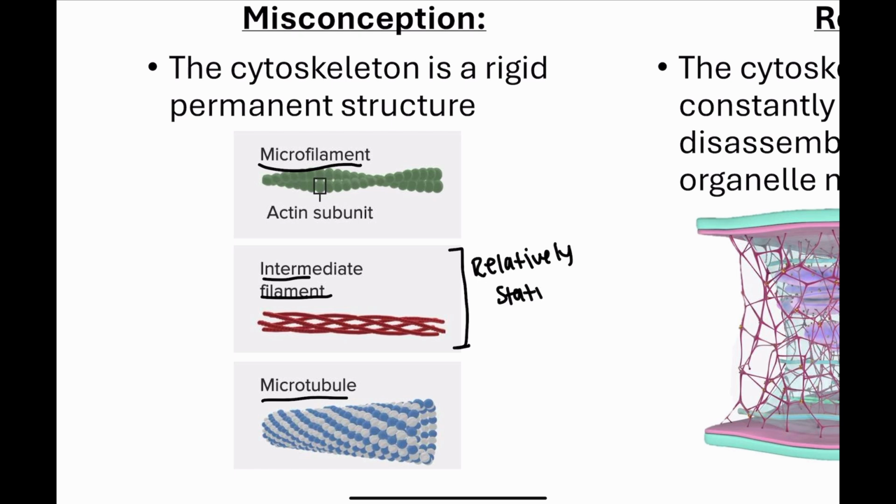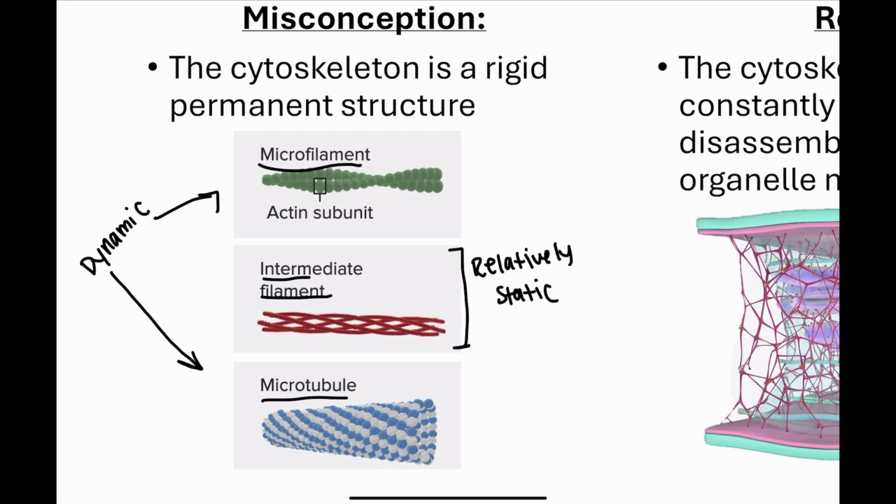They are not going to be completely static, only a little bit more static. And they provide this really important tensile strength and structural integrity to the cell. But they still have dynamic properties the same way that our microtubules and our microfilaments have.